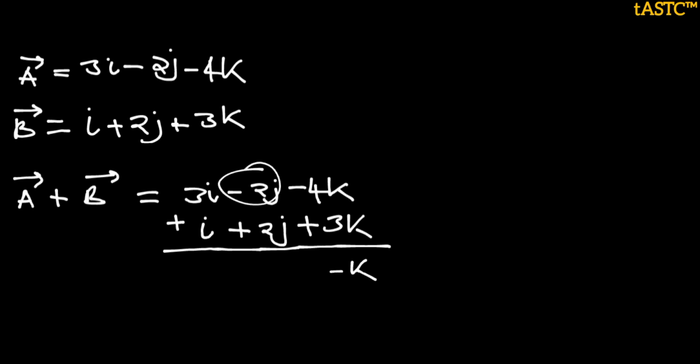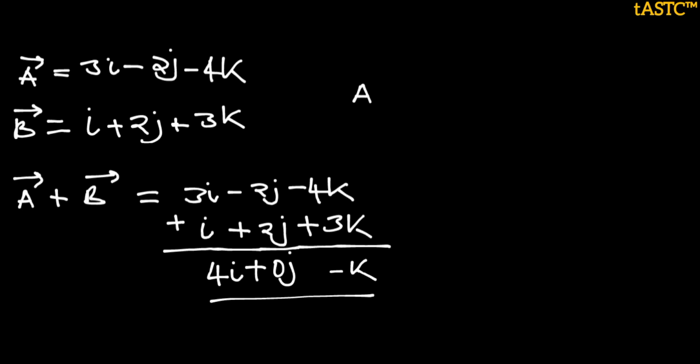Here we have a negative 2j plus 2j, so that will be 0j. Now 3i plus i, that should be added, so this is going to be 4i. That means vector A plus vector B is equal to 4i minus k.